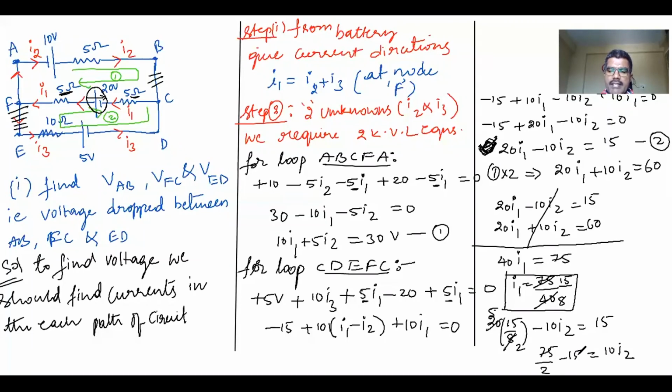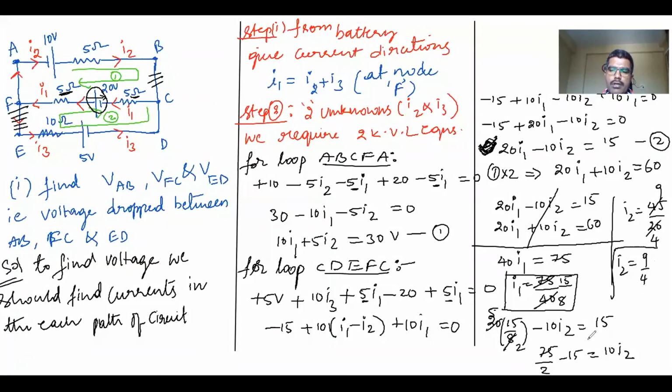This is 75 minus 30 divided by 2. 75 minus 30 will be 45. 45 by 2. This gives you I2 is equal to 45 divided by 20. I can cancel this with 5. 5 4s 20, 5 9s 45. So I2 is equal to 9 by 4.